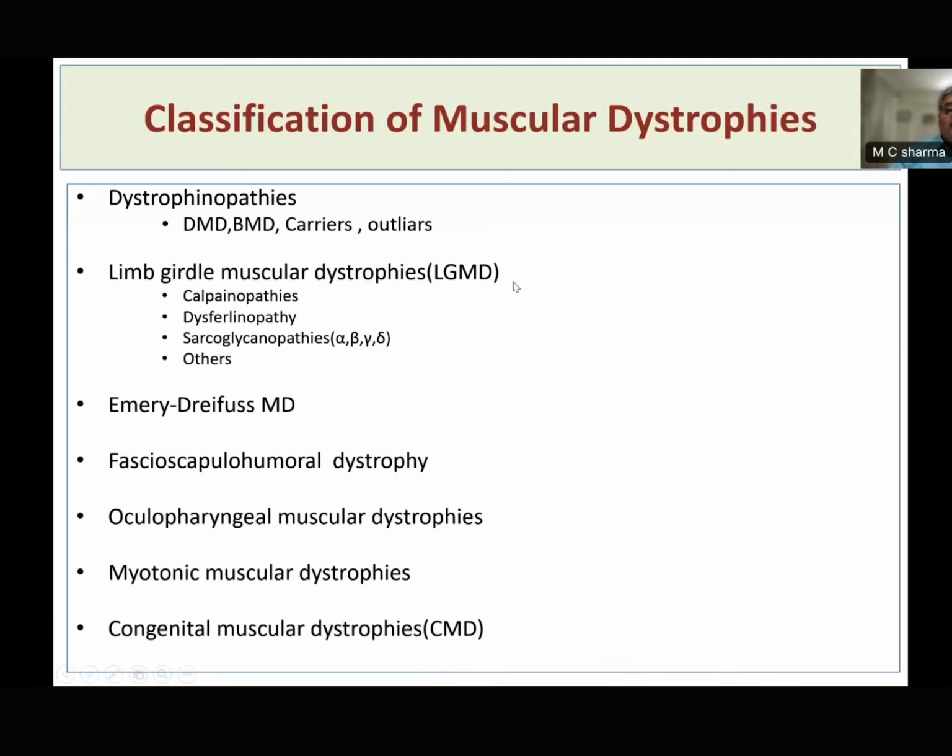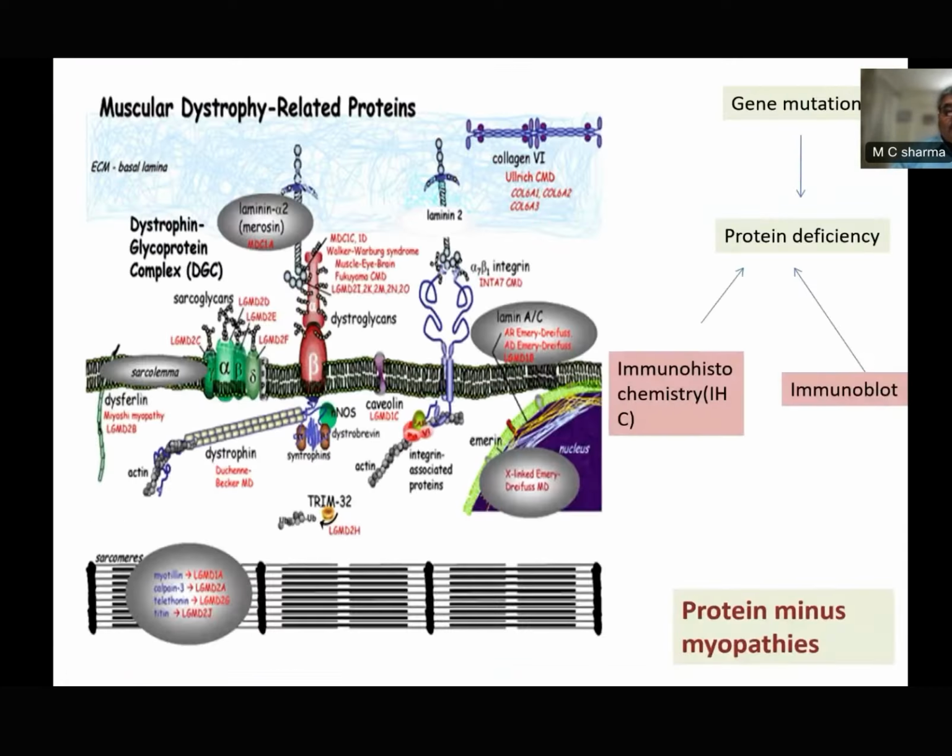Dystrophinopathy is the most common. Then limb girdle muscular dystrophy, Emery-Dreifuss, facioscapulohumeral, oculopharyngeal, depending on which type of muscles are involved. A large number of proteins and genes are affected. Now we have the gene mutation, we know the proteins, and we have the antibodies available.